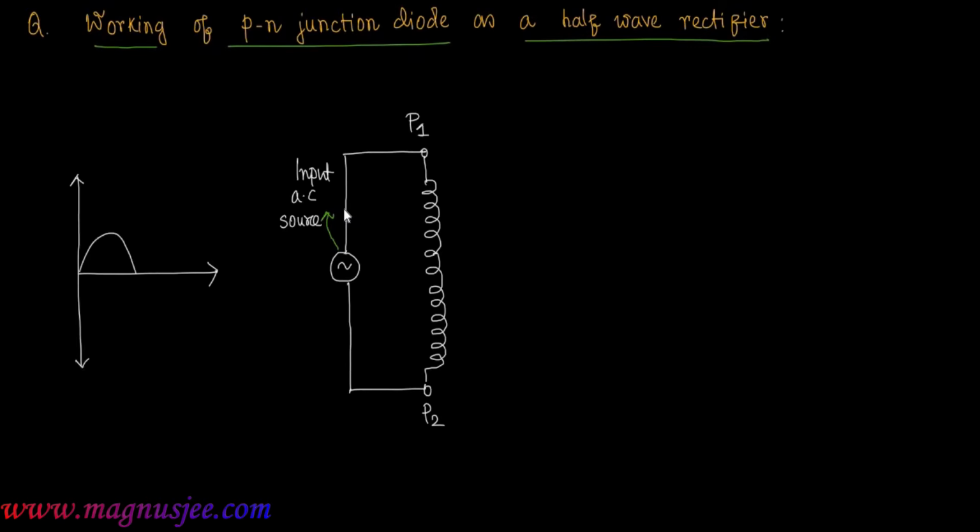This is positive half cycle and there should be negative half cycle. This is positive half cycle and this is negative half cycle. O is the origin, Vi is the input voltage and T is the time.